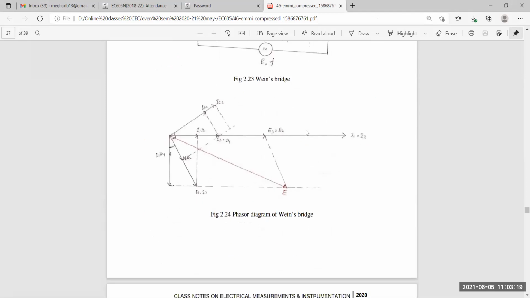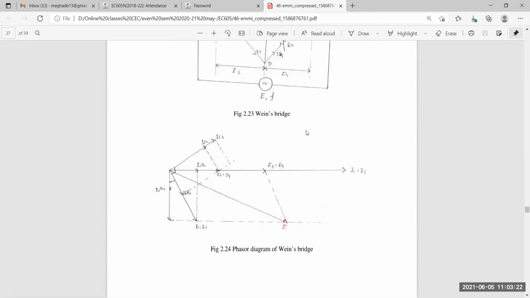Now let us check the phasor diagram. The phasor diagram of the Wien bridge is very important. See how they have drawn it. First of all, the resultant will come here at A, because one capacitance is connected with resistance R2. They take this straight line as the reference. So here I1 R1, then E3, E4, or you can say V3, V4, equal to I1 R3, because the I1 current flows in the R3 resistance.